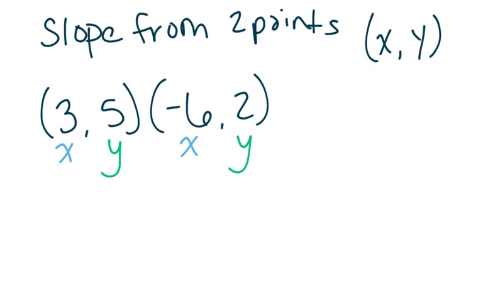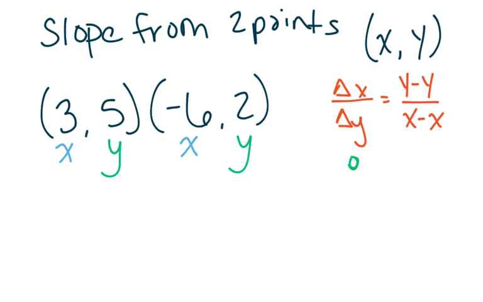Okay. So when we do slope from 2 points, you have probably been taught change in y over change in x, which is totally fine, which is the same thing as y minus y over x minus x. So the important piece is that order matters. So I want you to make a note. Order matters.